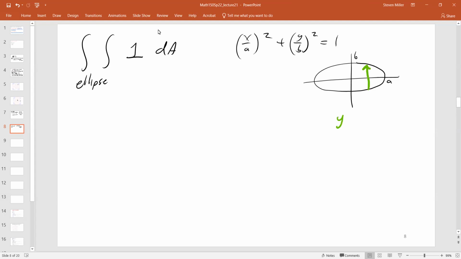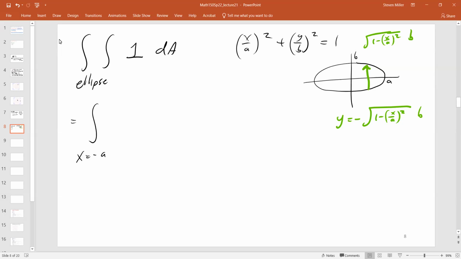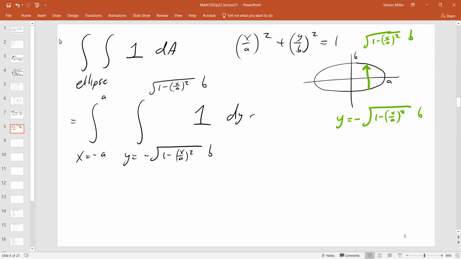So y is going from minus the square root of 1 minus (x/A)^2, and we have to multiply that by B, to the square root of 1 minus (x/A)^2 times B. So this would be the integral, x goes from minus A to A, integral y goes from minus B times the square root of 1 minus (x/A)^2 to B times the square root of 1 minus (x/A)^2, 1 dy dx. The y integral is not going to be a problem at all.